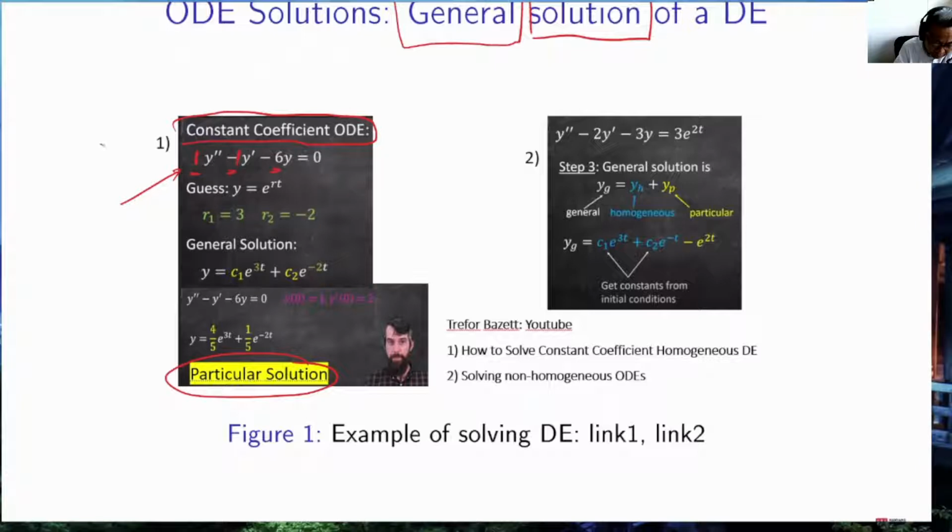Ordinary because it's only dy/dx, and here it's second order because we are dealing with d2y/dx squared. When the expression on the left equals 0 on the right hand side, this is called homogeneous. So this is a homogeneous ordinary differential equation because the expression is equal to 0 on the right hand side.